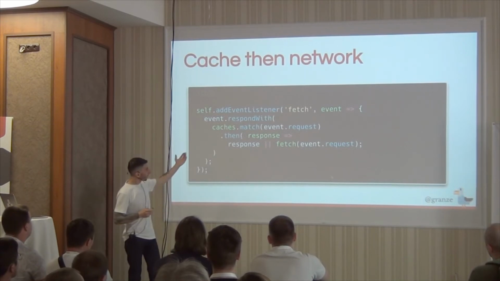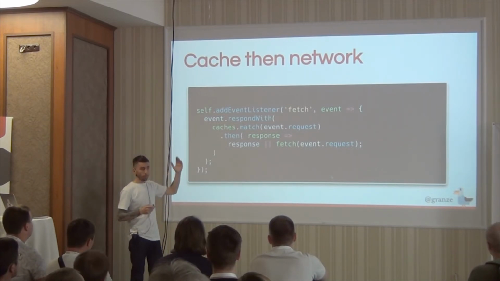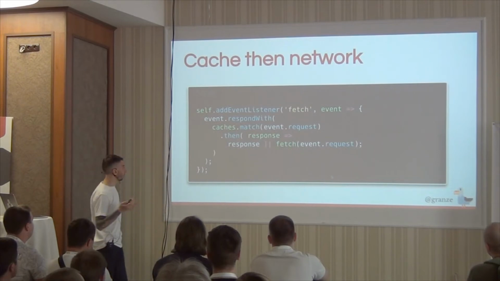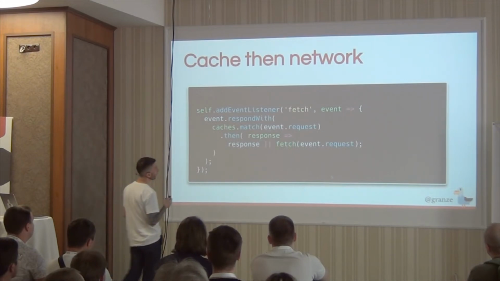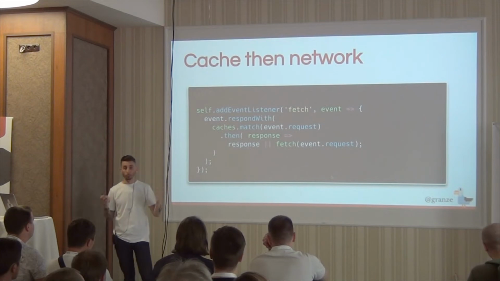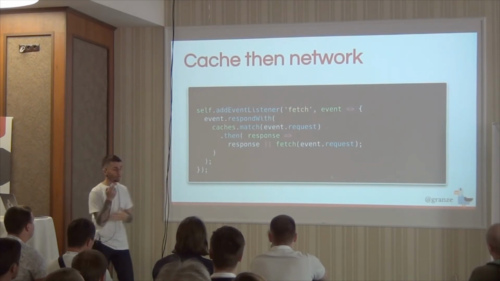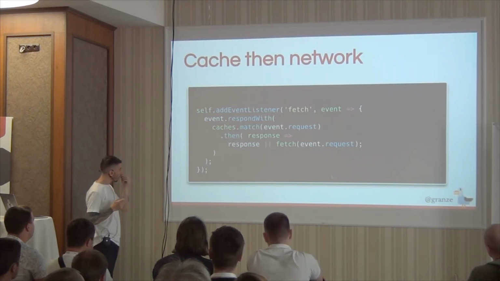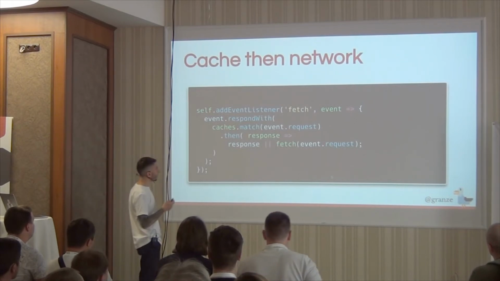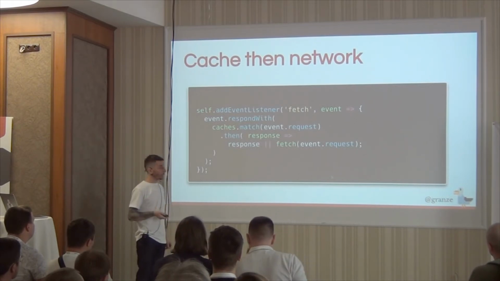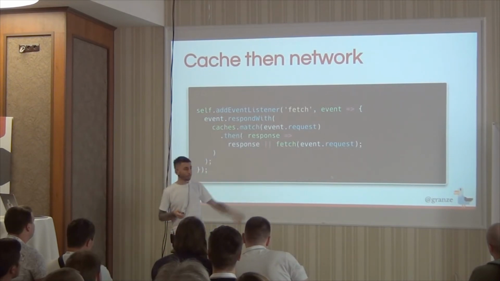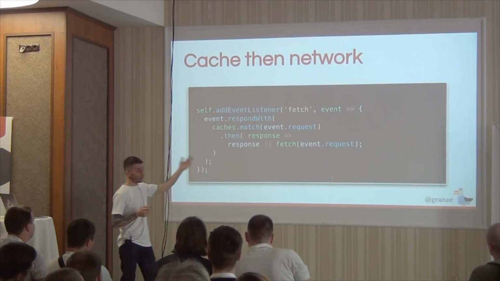So we are looking for a match between the resource I requested from the server and what I have in my cache. If they match, I will return this resource. So I will have the offline support, and I will have also instant loading. Otherwise, I will do a fetch function in this case, and I will just forward the request.